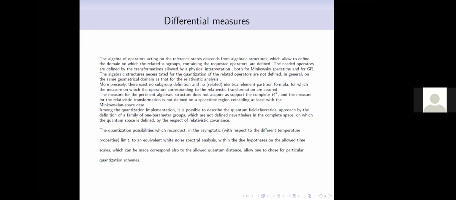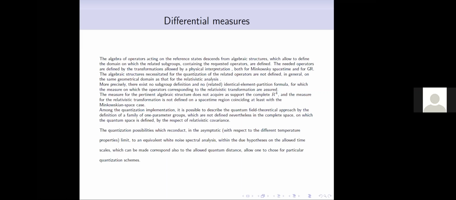So for the differential measures, the precise subgroup is not defined yet, and in particular it depends whether we are looking at Minkowskian flat spacetime or a relativistic spacetime.